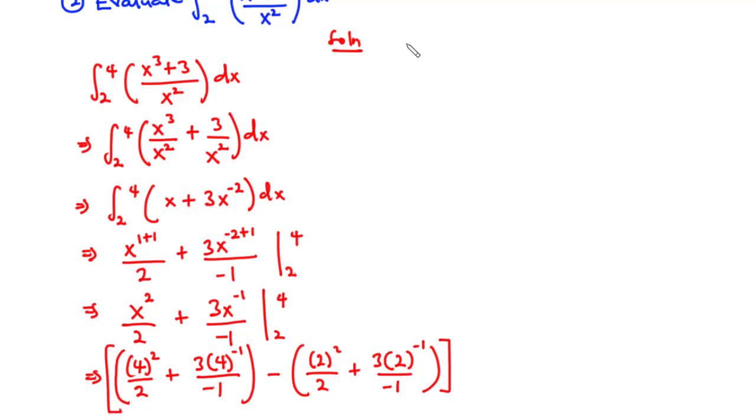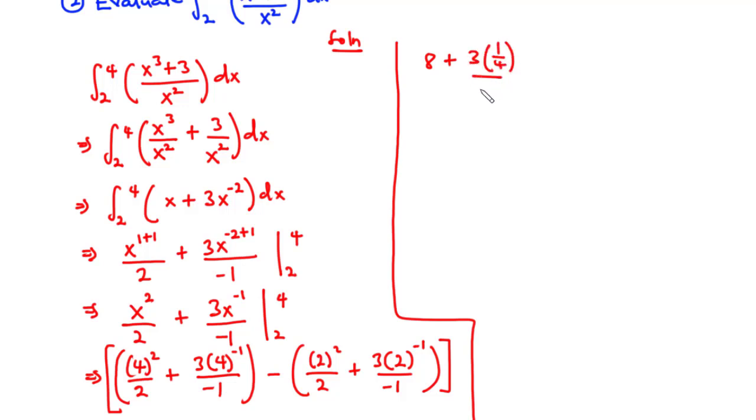So now let's simplify this. So 4 squared is 16 divided by 2 is 8. So we have 8 plus, now 3 times 4 exponent negative 1 all over negative 1 is equal to 3 times 1 over 4 all over negative 1, minus 2 squared is 4. 4 divided by 2 is 2.